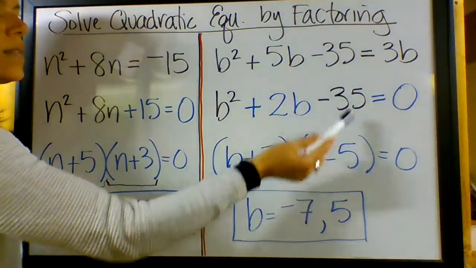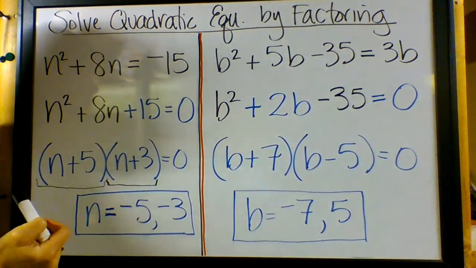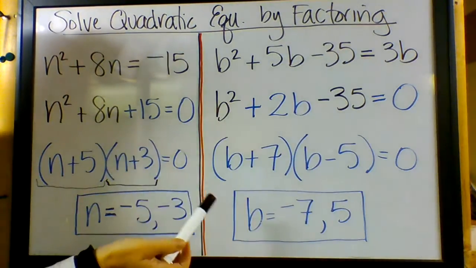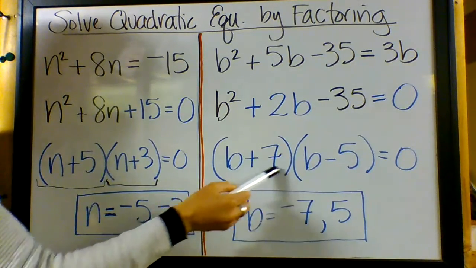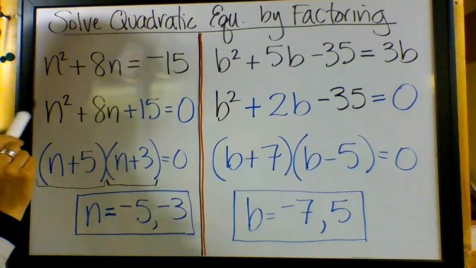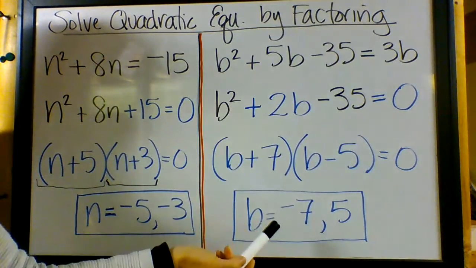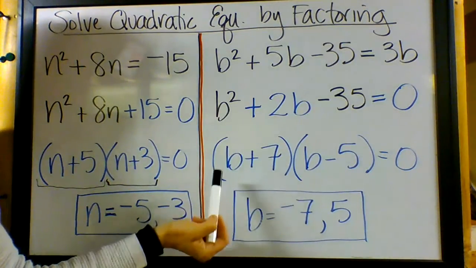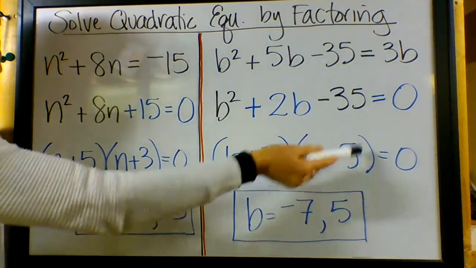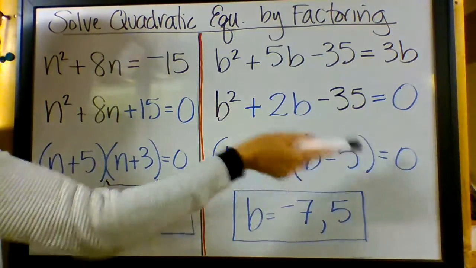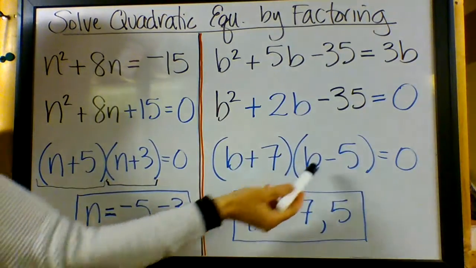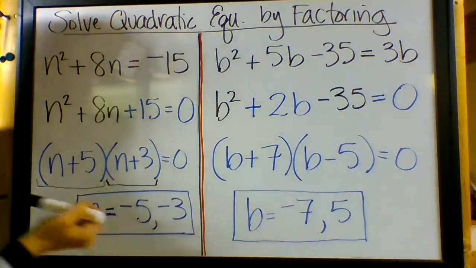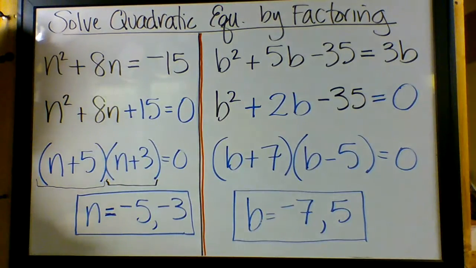Positive 7 times negative 5 is negative 35. And so then the question is, what does b equal in b plus 7 to make it equal 0? Well, it's negative 7. So negative 7 plus 7 would equal 0 times anything over here equals 0. So 0 times any number equals 0. What would make b minus 5 equal 0? Well, that would be 5.